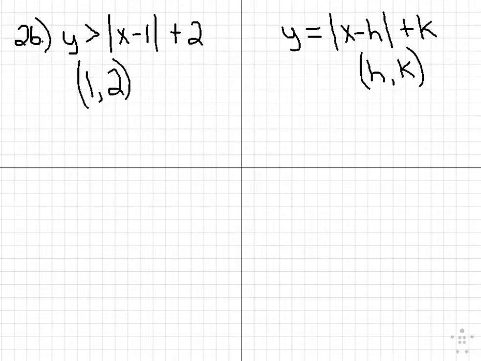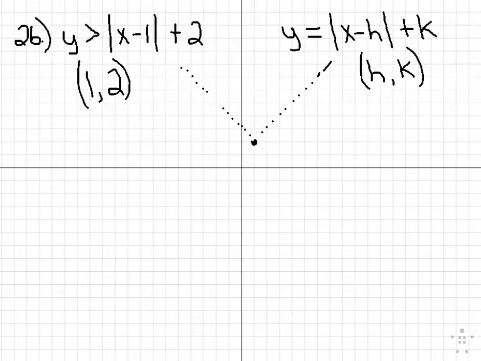So I know at 1, 2, right there, is where it turns. Now, this does not have an equal sign with it. That means this absolute value inequality has a broken, dashed, or dotted line. And they simply look like a V, with slopes of 1 and negative 1, if you want to think of it that way.